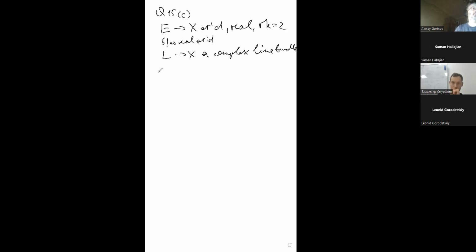Okay, so now I take E tensor C, and the result is A plus A star.